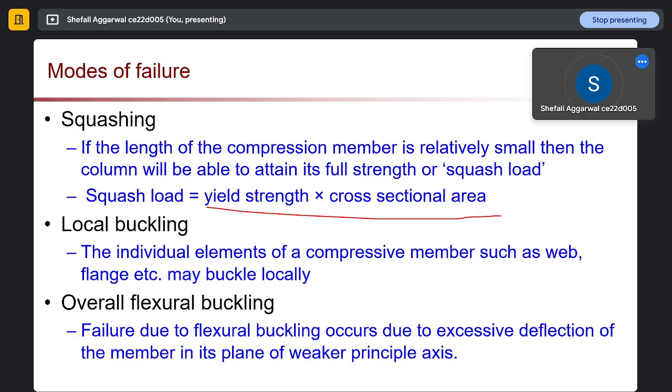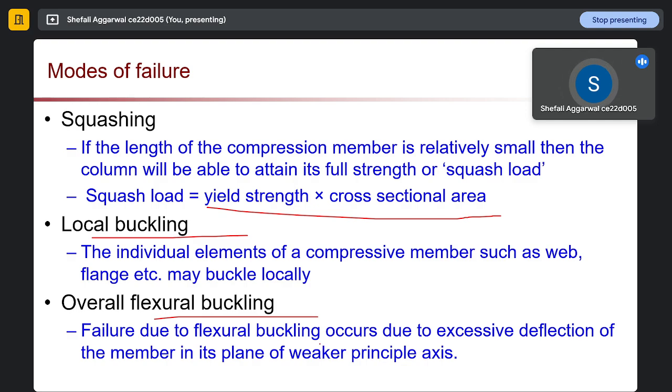The second is local buckling. If individual elements of the compression member, such as the web or flange, buckle, we call it local buckling. Third is overall flexural buckling.